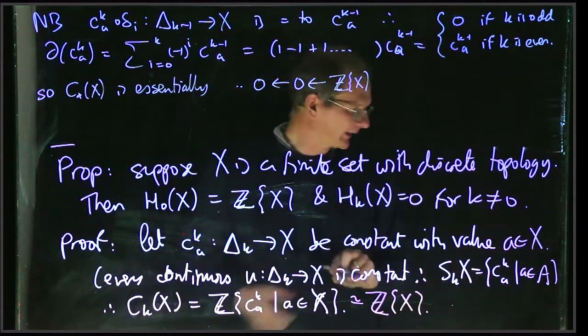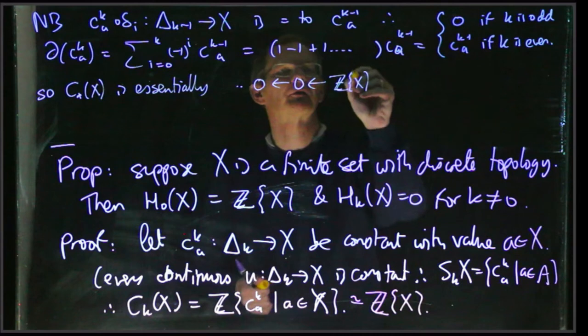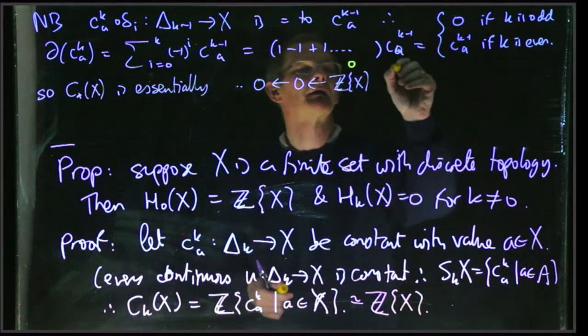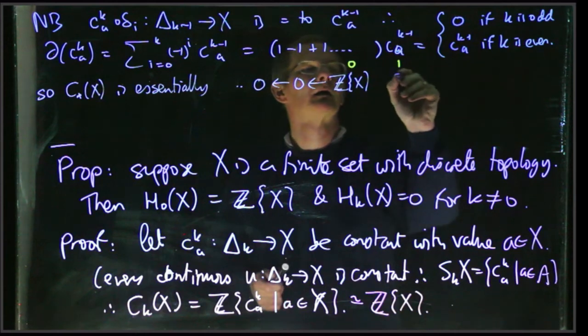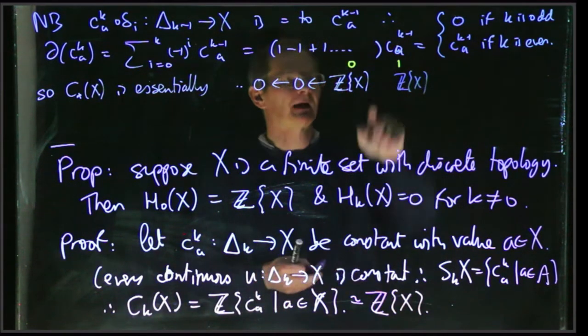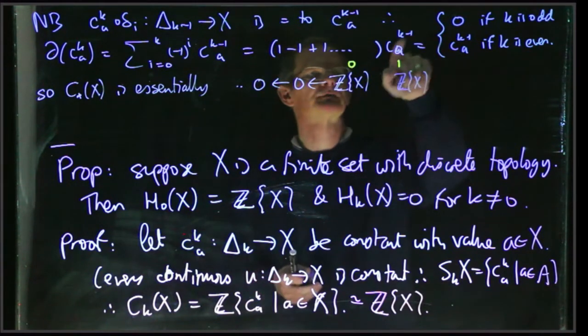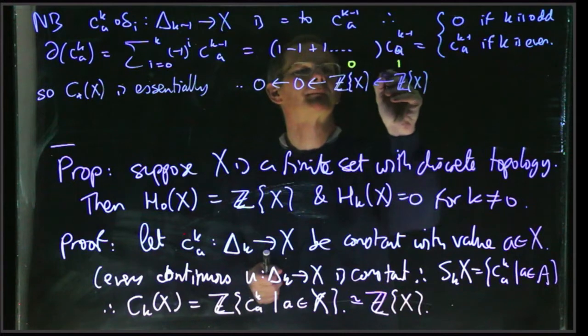So this is in degree zero, and then in degree one, again we've got the same, but now this is d on C_1, which is just zero. So this map here is zero.